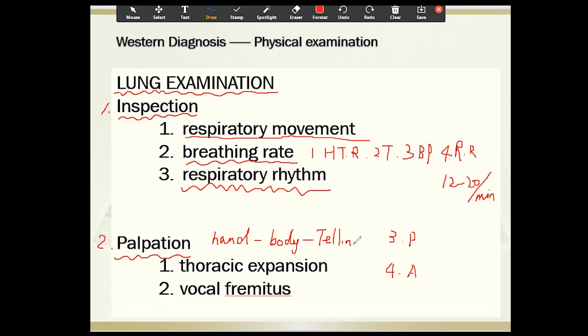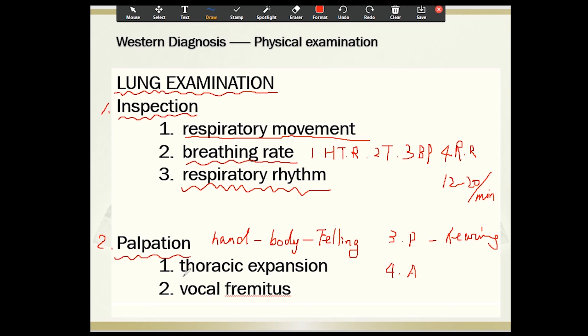Auscultation still uses our hand on the patient's body, but the difference is that we hear the sounds coming from the patient. That's the difference. Palpation is feeling here. So what can we feel?